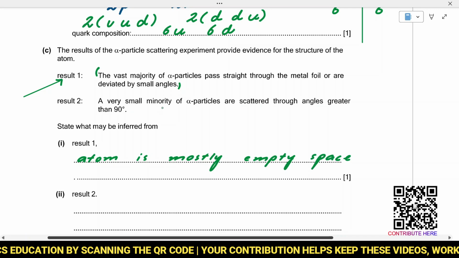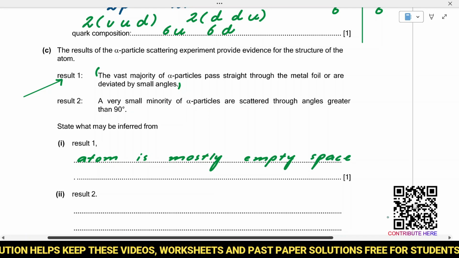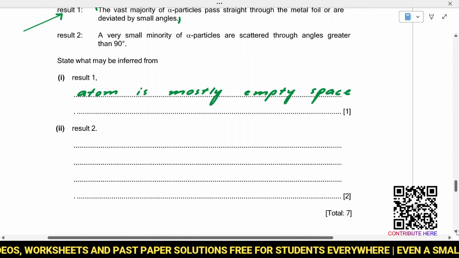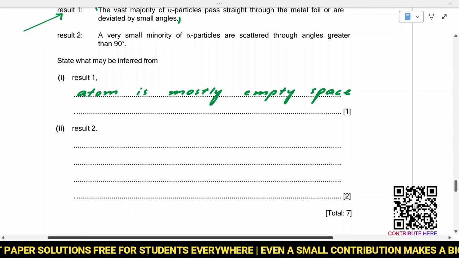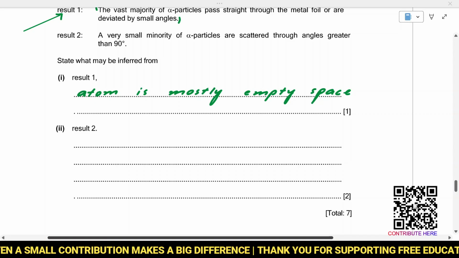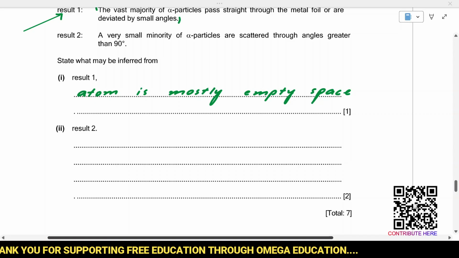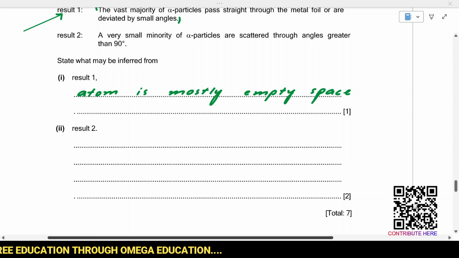Result 2. A very small minority of alpha particles are scattered through angles greater than 90. So a small amount of the particles were deviated at large angles, which means the mass of the atom is concentrated in a very small nucleus which is positively charged.